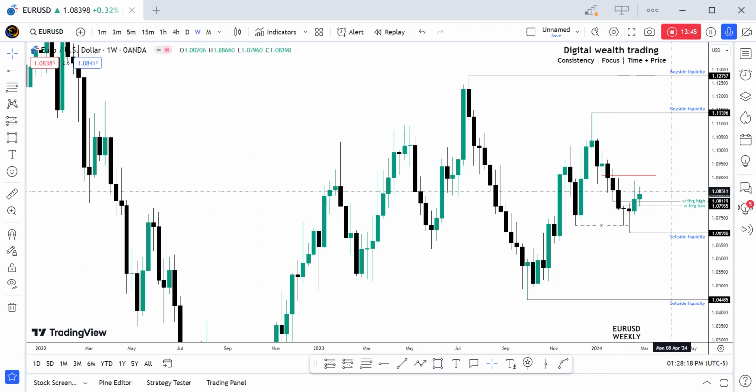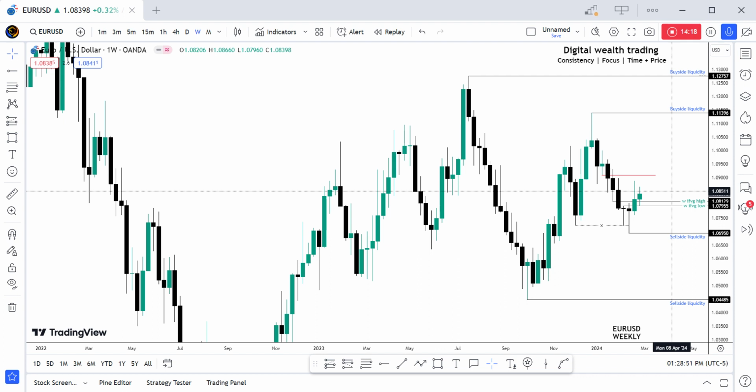Now let's see the next statement. We can see that euro has rallied successfully higher from the Monday 12 February 2024 weekly candle after sweeping the weekly relative equal lows, and this price rally higher impulsively led to the conversion of the fair value gap into an inversion fair value gap.